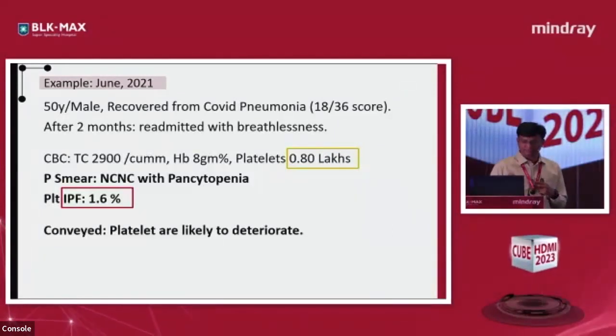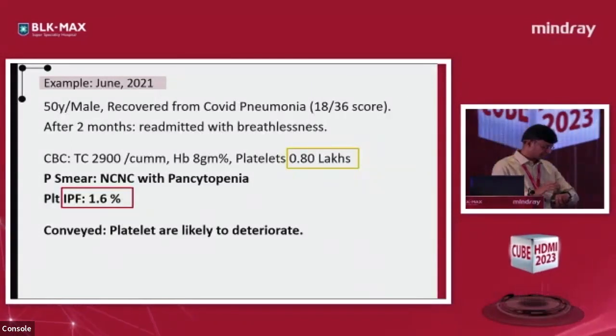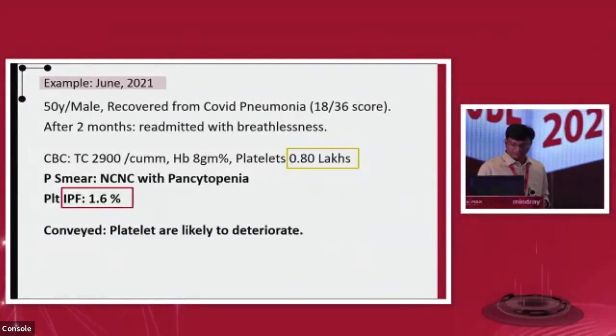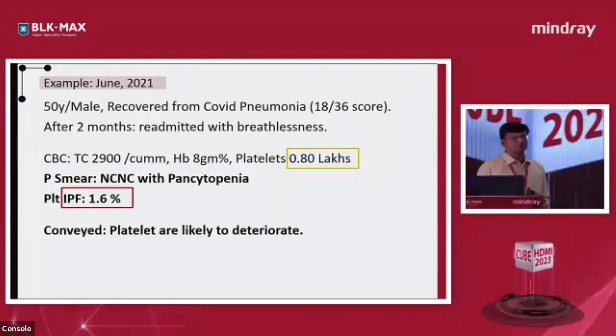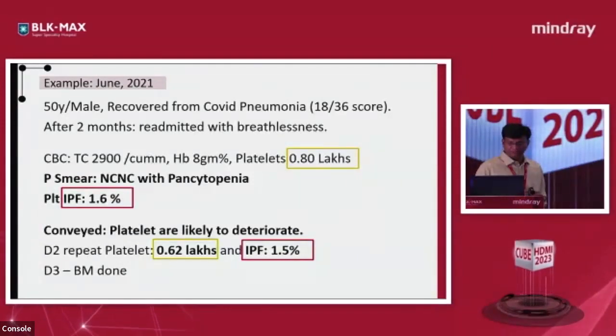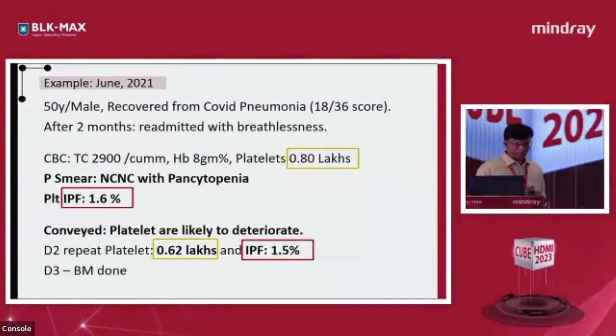Then somehow I had to convey this to the clinician. We conveyed that platelets were likely to deteriorate. On day 2, the repeat platelets were 0.62 lakhs and IPF dipped to 1.5, and we advised a bone marrow.